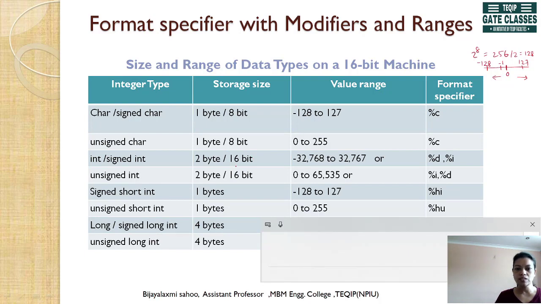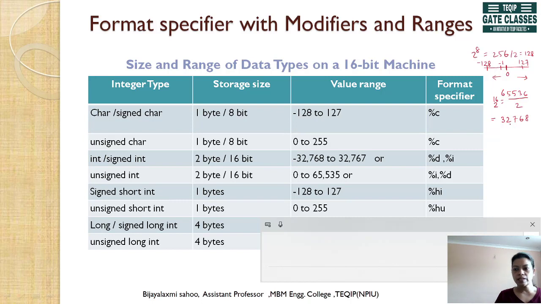2 to the power 16 is 65,536. If you divide by 2, it comes to 32,768.